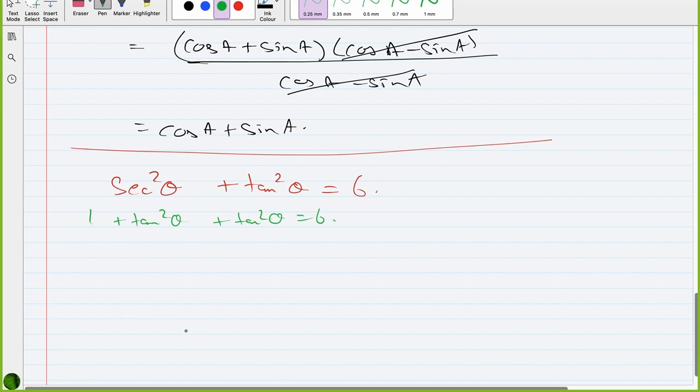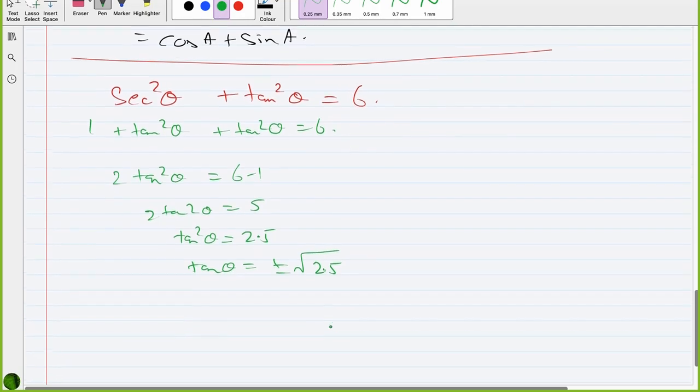Now this is the quadratic form. We rearrange, add these two, you get 2 tan square theta, and on the other side 6 minus 1, 2 tan square theta is equal to 5, tan square theta is equal to 2.5, and tan theta is equal to plus minus square root 2.5.